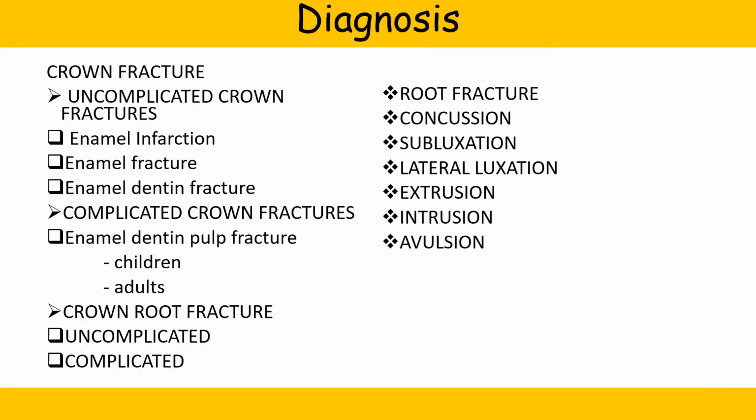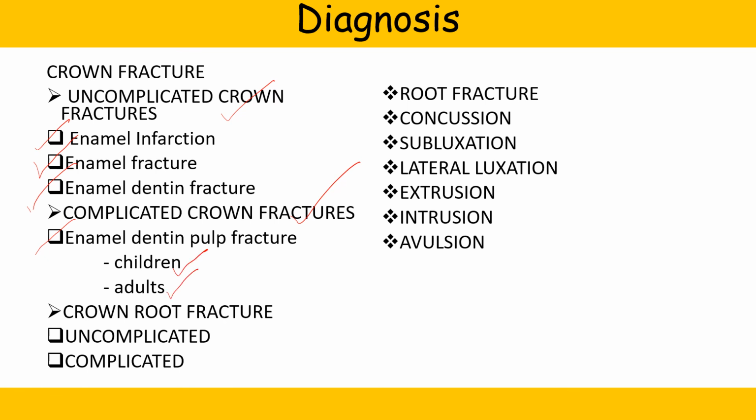The diagnosis that we arrive at can be any of the following. It can be a crown fracture, which may be an uncomplicated crown fracture, that means enamel and dentine are involved with no pulp involvement. So that can be enamel infraction, enamel fracture, or enamel and dentine fracture. Then it can be a complicated crown fracture, in which there is enamel, dentine, and pulp fracture. However, the treatment plan for children and adults is different.